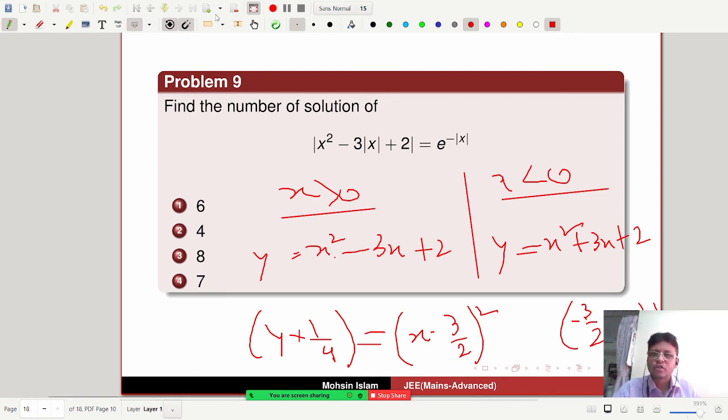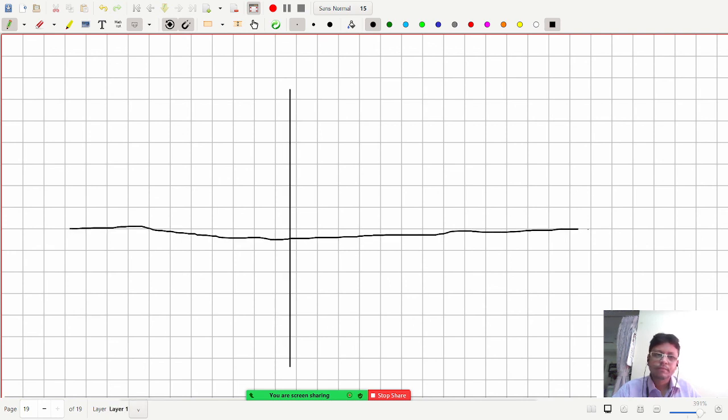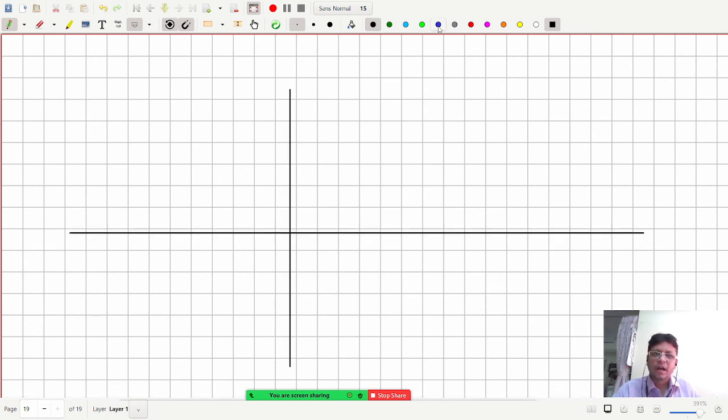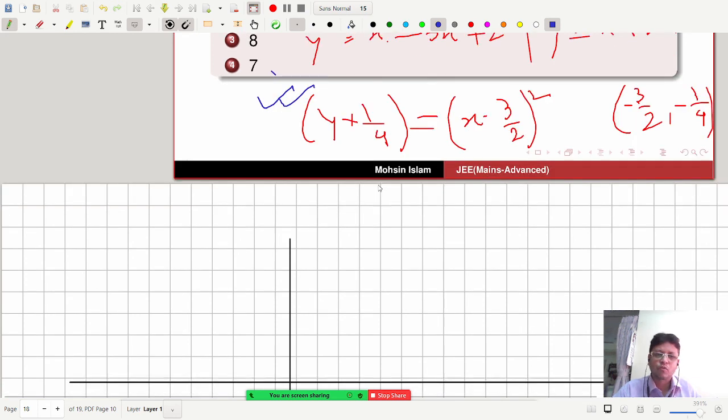Okay, let's draw. Let's draw the axis first. You have to draw 3 by 2, the first one. Let me draw the first one, 3 by 2, minus 1/4.